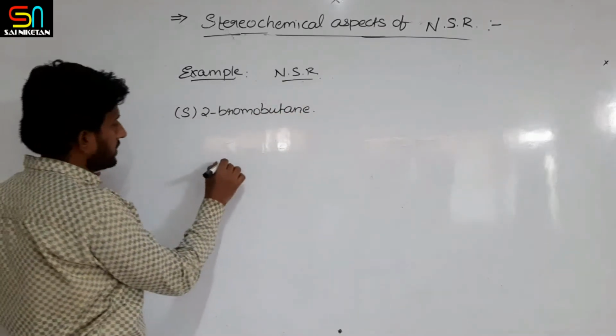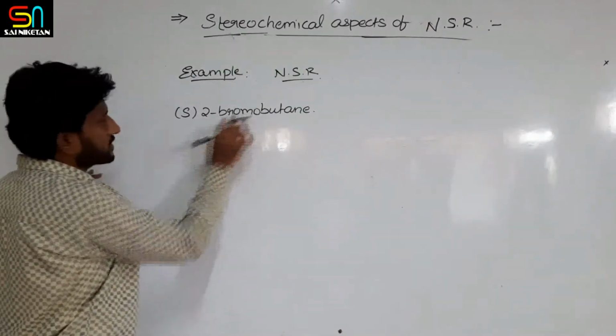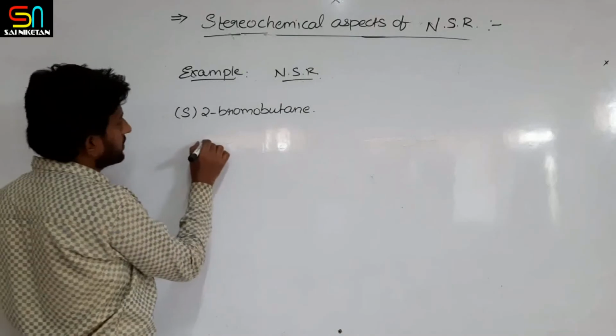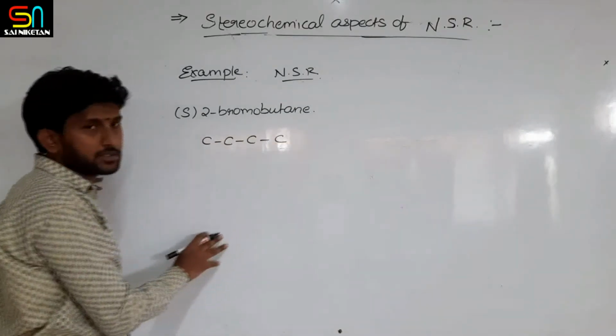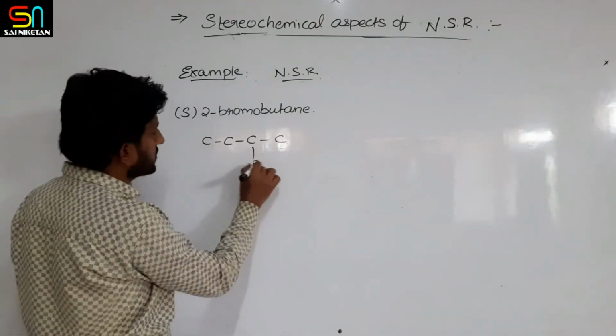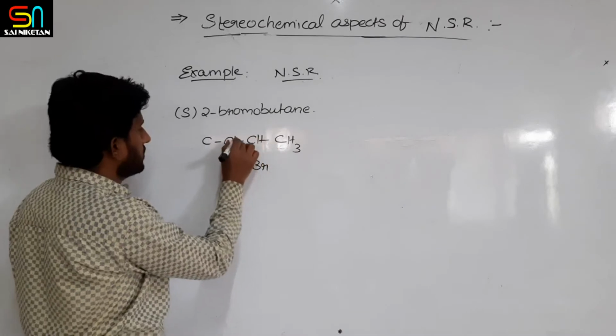Let us write first 2-bromobutane, then we will say: four carbons are there, right? 4 carbons. 2-bromo means the second position has bromine, right? Remaining all are hydrogens, as you know.